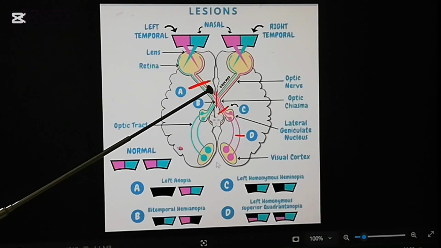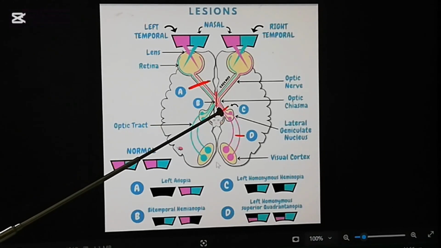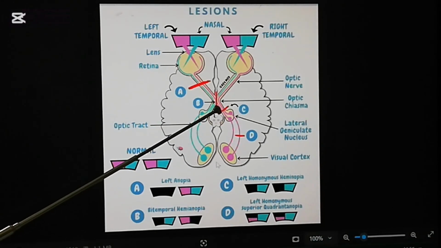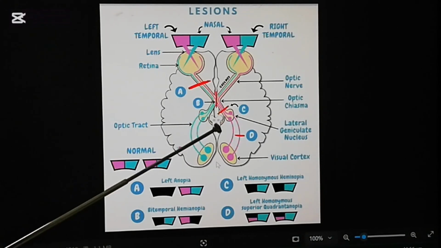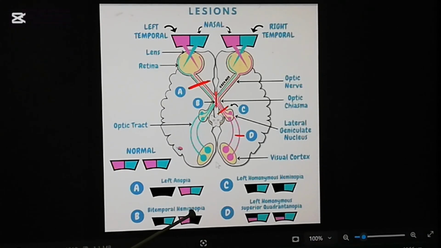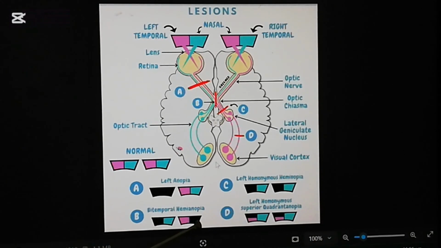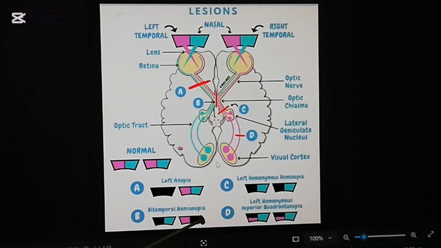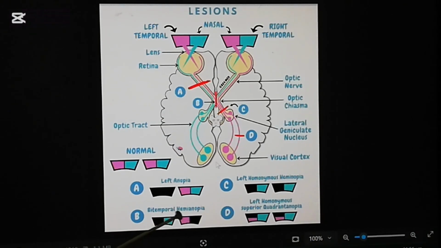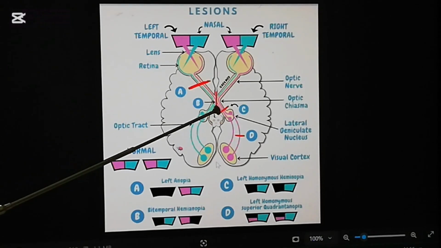So now as we see the cut lies here, it will cause bitemporal hemianopia. What happens is that the left side of the left eye and the right side of the right eye are affected. So how does it happen? Both are bitemporal. Let me show you again what happens when the cut is here.